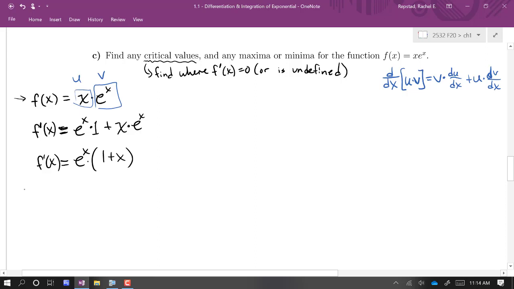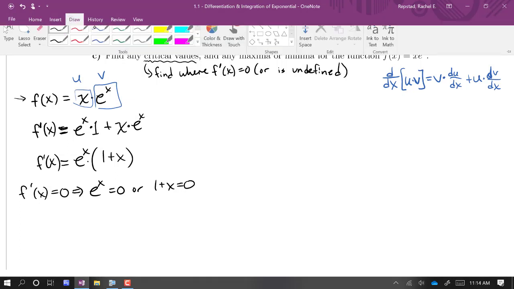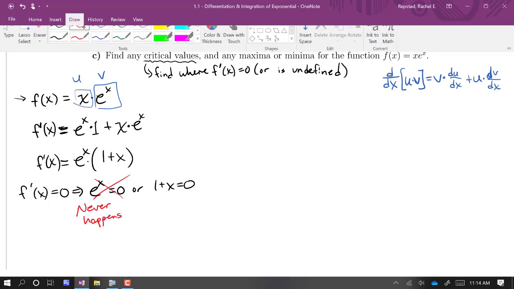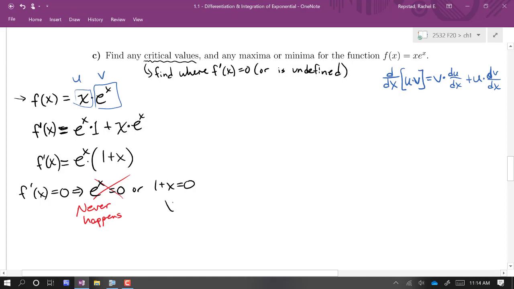Now this is a product, so we can find where it's 0 just by setting each of the factors equal to 0. e to the x is never 0, so we don't get any critical values from that. And 1 plus x is 0 when x equals -1. So this is our critical value.